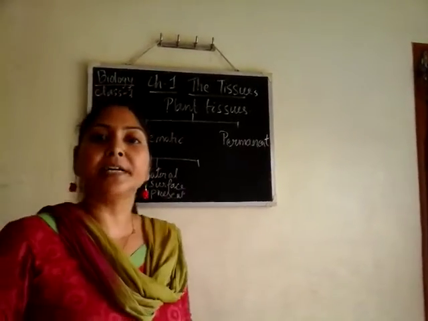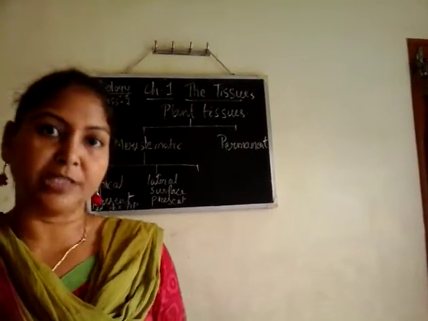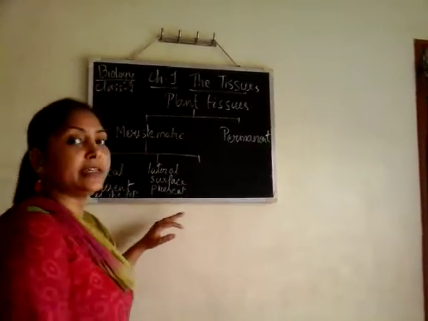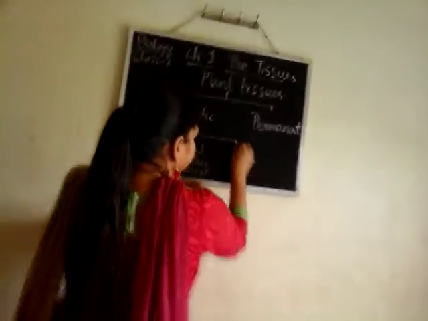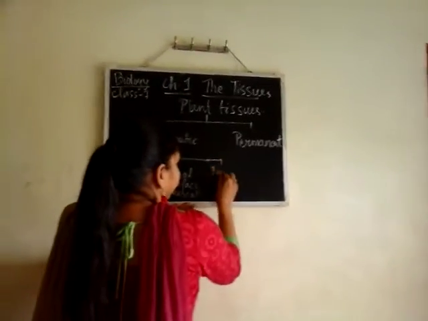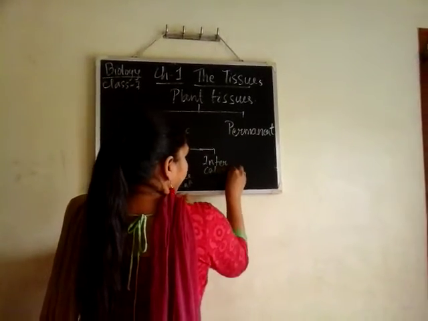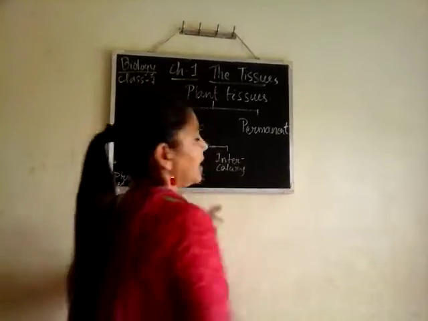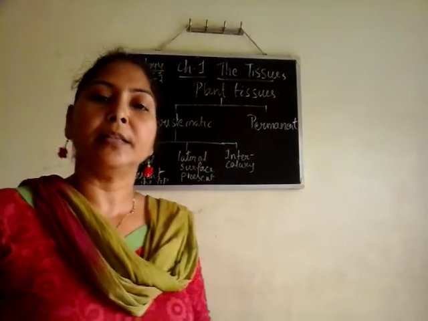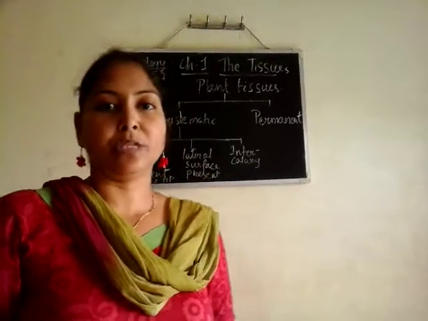Then we have the third type of meristematic tissue, that is called intercalary meristematic tissue. Intercalary meristematic tissues are present where? They are present between the spaces of where permanent tissues are present.